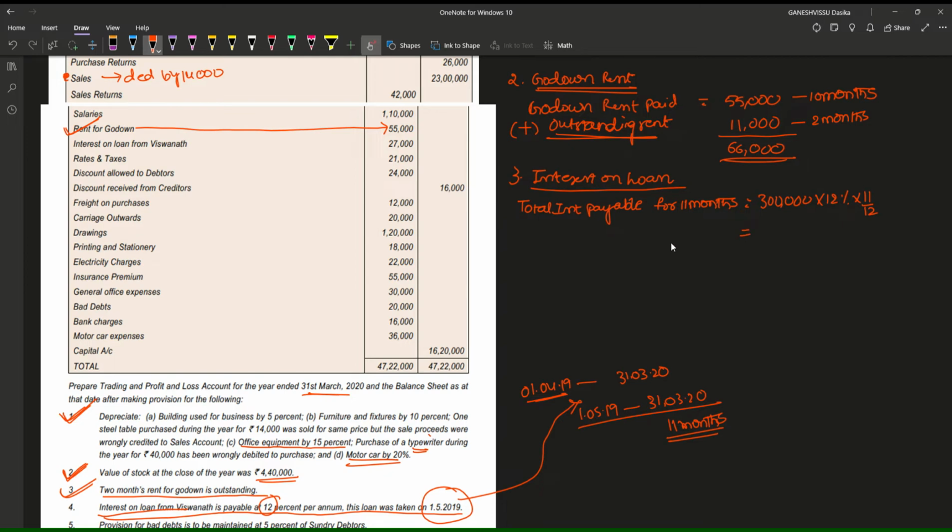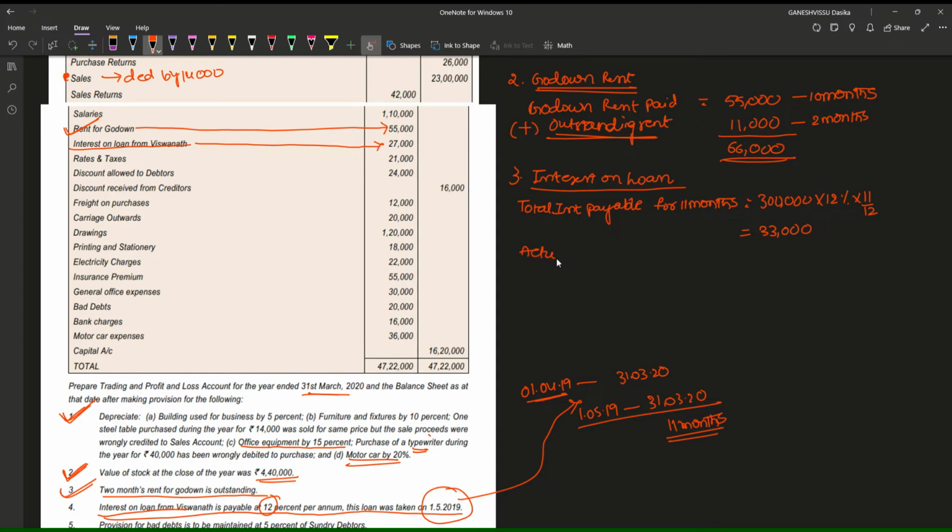So 3 lakhs into 12% into 11 divided by 12, 33,000. So this is the actual interest which will be payable for the loan. But what happened? Interest on loan from Vishwanath we are having 27,000 rupees according to the trial balance.